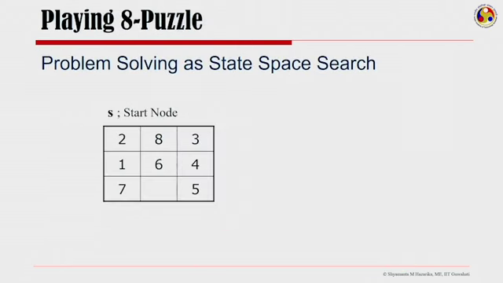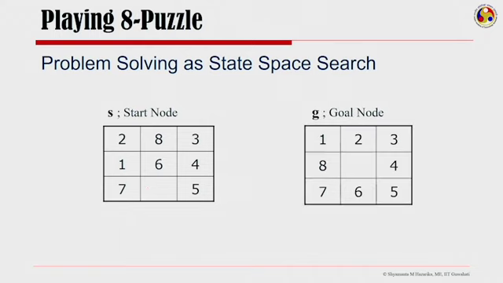So let's look at playing the 8 puzzle with problem solving as state space search. So here is our start state where I have 9 tiles and my empty at the bottom, and this is my goal state where I have arranged everything as 1, 2, 3, 4, 5, 6, 7, 8 with empty in the middle. Now, as I go on generating, and remember the 4 operators that we were talking of, let's quickly recall our operators.